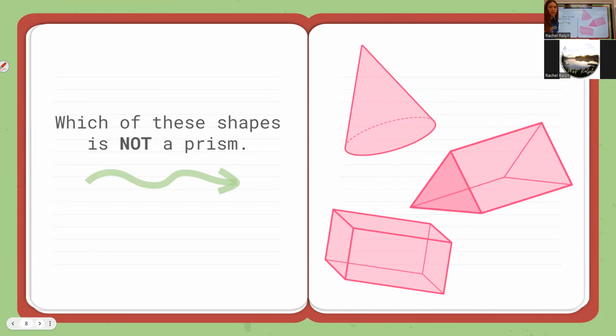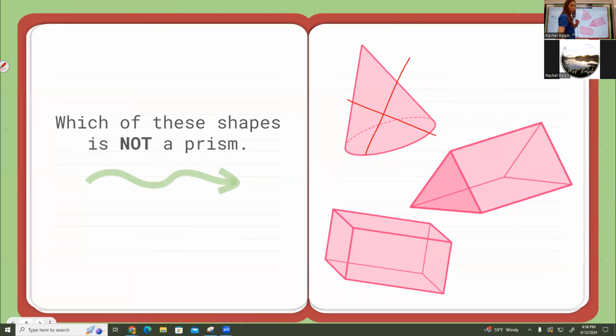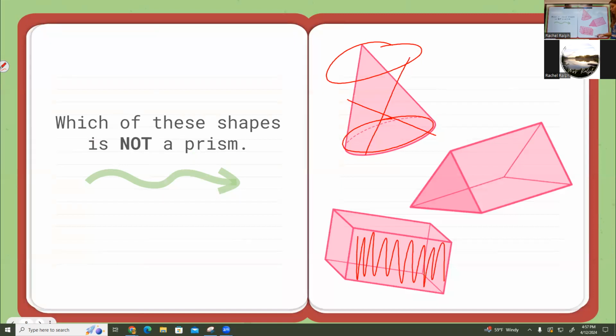All right, hopefully you've answered your question here. The shape that is not a prism is this cone right here. Why is it not a prism? Because by the definition of a prism, the two ends, our bases, are identical. Here's a base. It does not have another circular base up at the top. Whereas with this rectangle, we have a rectangular face in the front, and behind it is also rectangular.